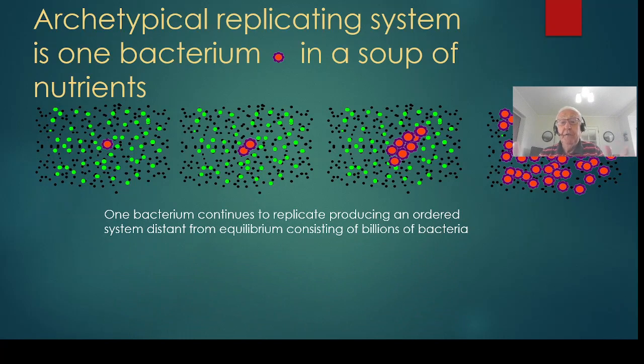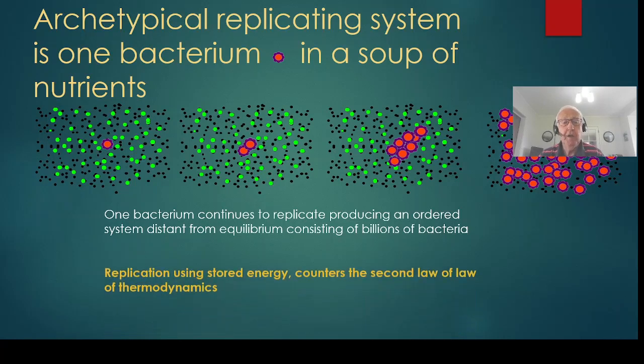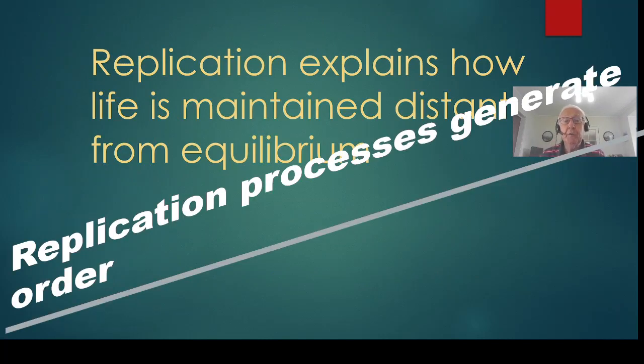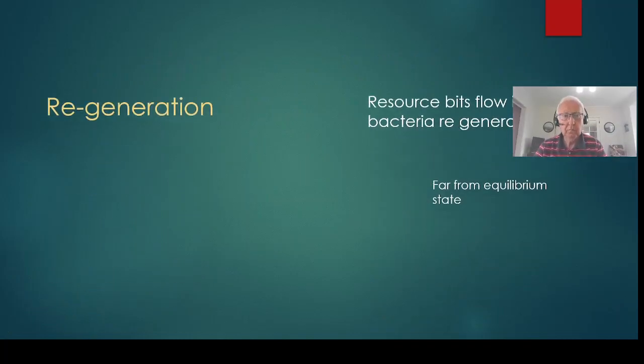And then there'll be billions of bacteria, and this happens when the bacteria system has reached its carrying capacity. So replication processes, such as this one bacterium, counter the second law of thermodynamics by using energy in the resources and in the sun to generate myriads of the same structure. Replication also explains how life is maintained distant from equilibrium.